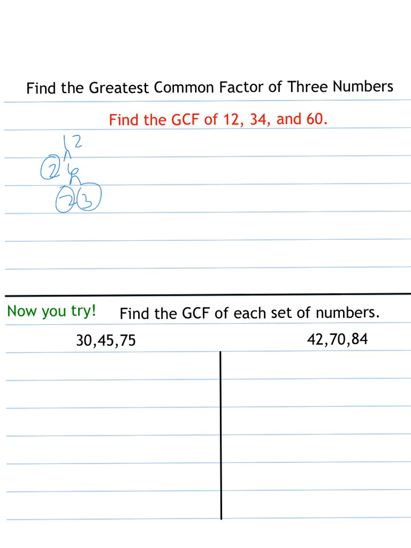So for 12, we have 2 times 2 times 3. Now for 34, we can break that up into 2 and 17. Both of those are prime.